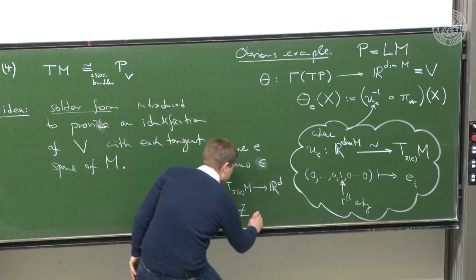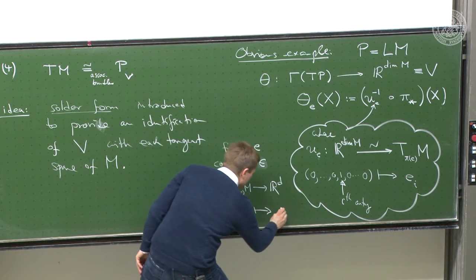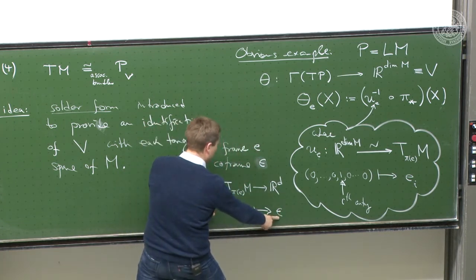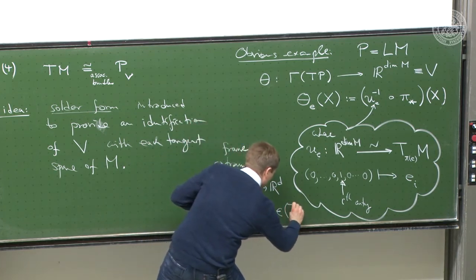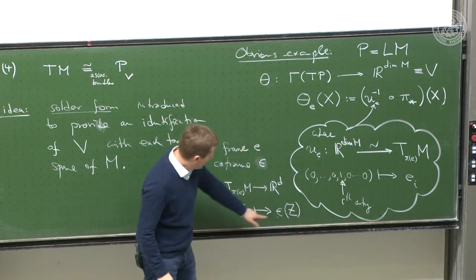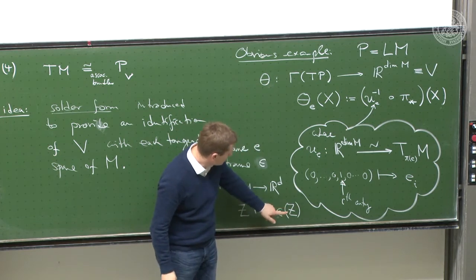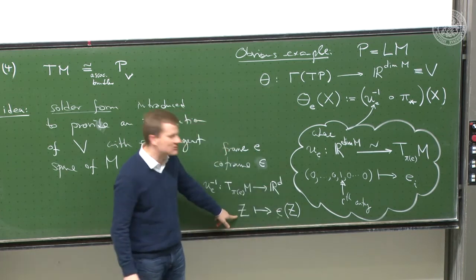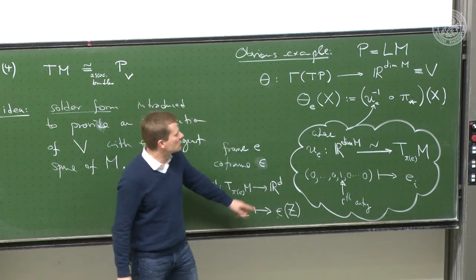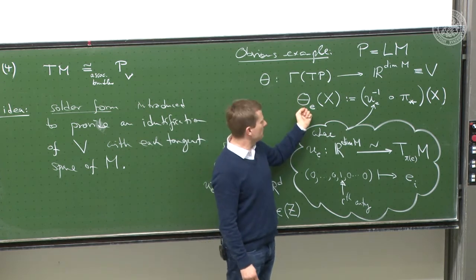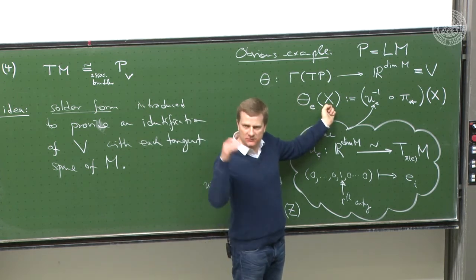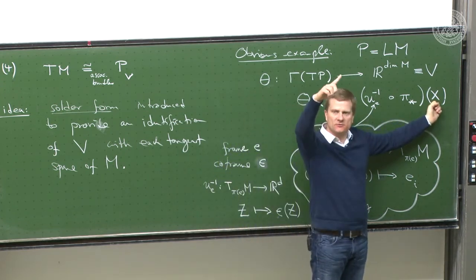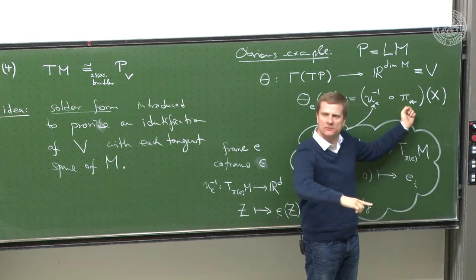It takes a Z and maps it to, you have a frame already chosen, you take the coframe of Z, and this will produce epsilon 1, epsilon 2, epsilon 3, an element in R^D. It's the components of these vectors. So what do you do with the solder form of a tangent vector to the total space? You take the tangent vector to the total space and you push it down to the base manifold.